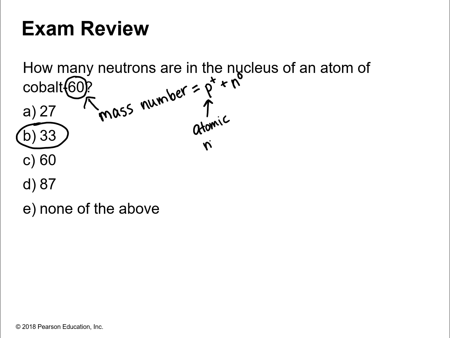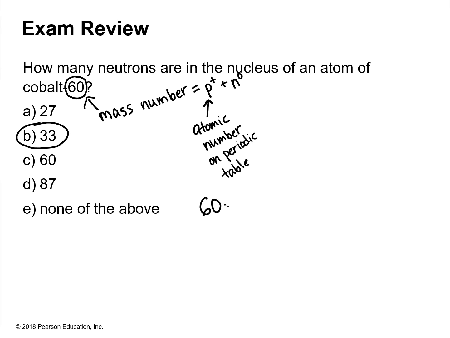That's where the atomic number comes in. So when you look that up, you should find that on the periodic table, the atomic number is 27.